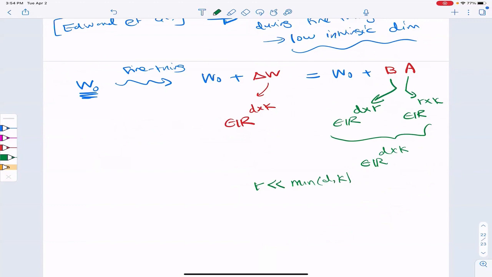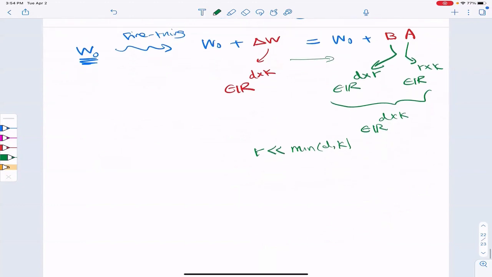So if you think about going from this direction to the other direction, the process is actually quite expensive. Right? Because if you think that first you are going to compute delta W and then compute a low rank decomposition, usually that requires an eigen decomposition or a singular value decomposition that is not cheap.